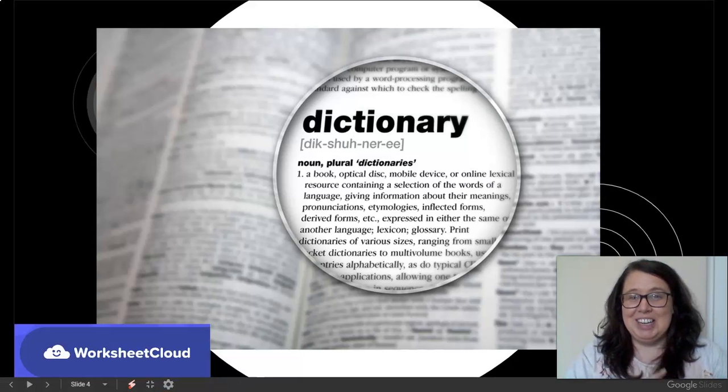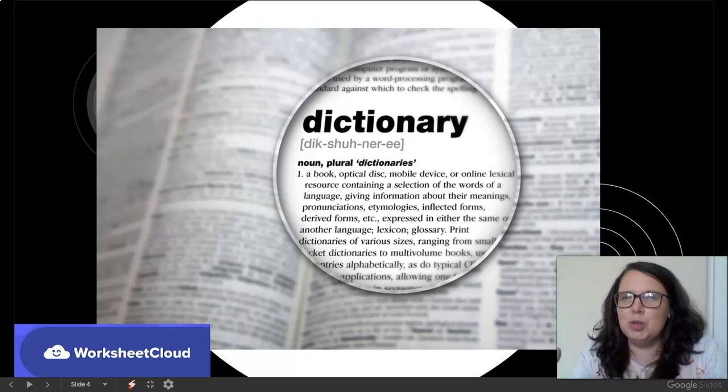We are going to be doing dictionary skills today, and I know it's not the most exciting. I'll level with you, it just isn't going to be something that will grab you, but dictionary skills are important. The reason being that they aid you or assist you with your writing. The only way to enhance your vocabulary is to expose yourself to words, hence reading and looking things up in a dictionary.